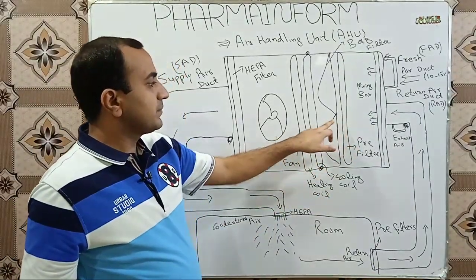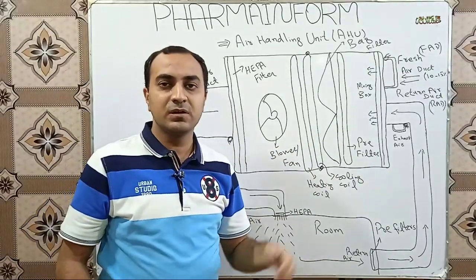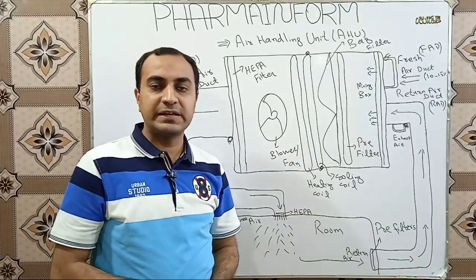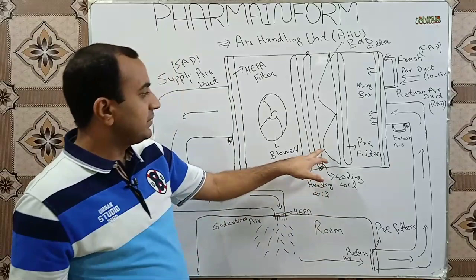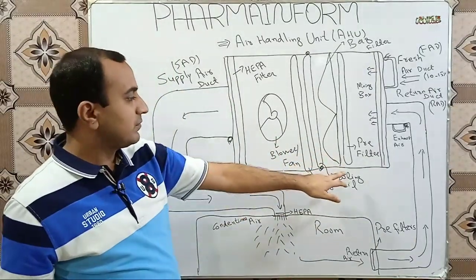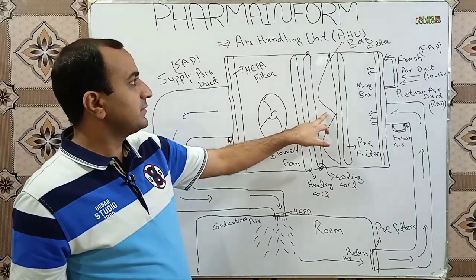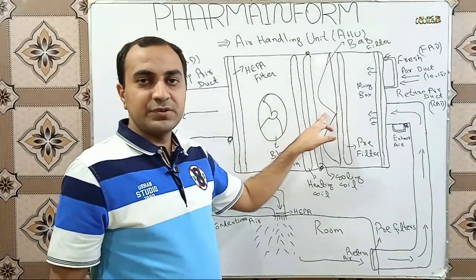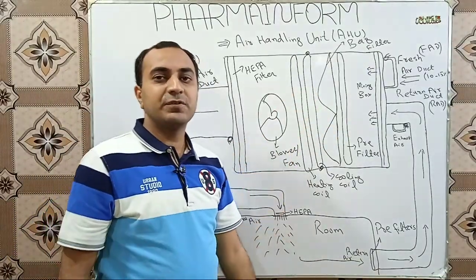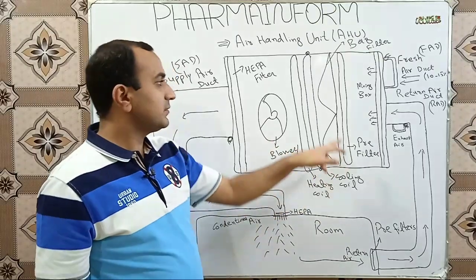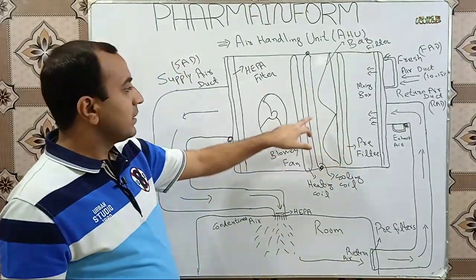Basically, filters are for the purification or cleaning of the air. We will discuss in detail what the pre-filter is. We will also discuss in detail the bag filter and the classification of bag filters. So do not worry, here is the basic overview.